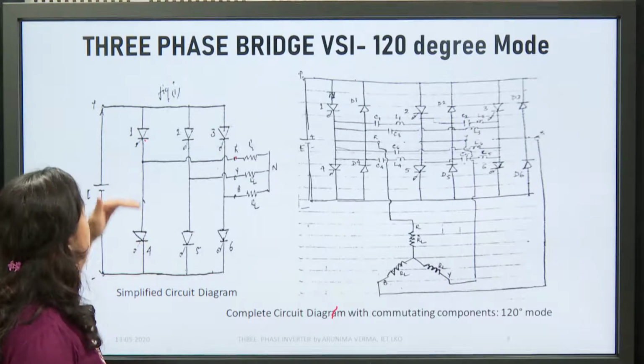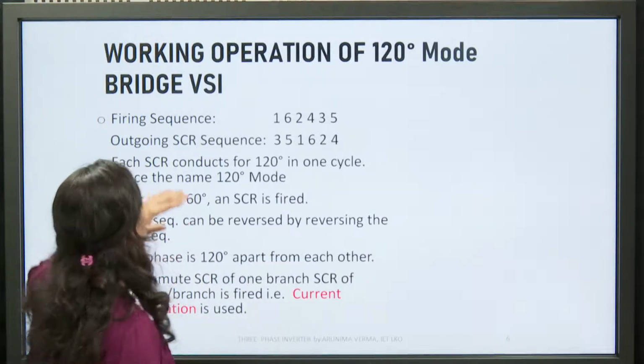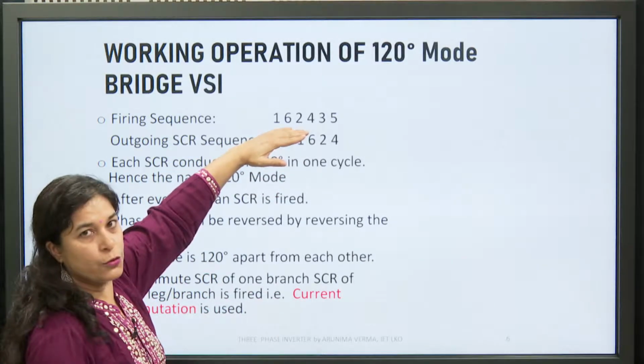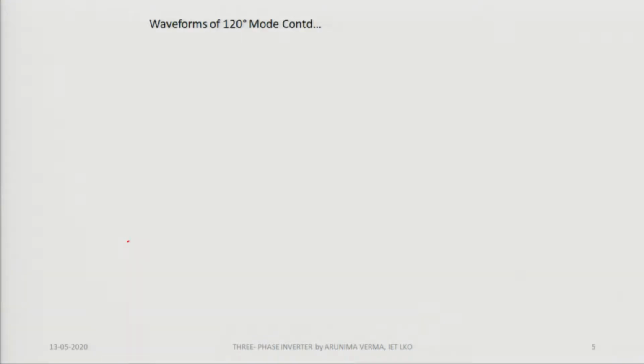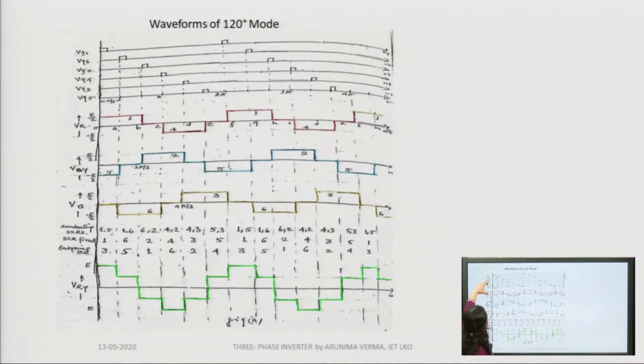Now, the firing sequence, as you can see, is fixed as 1, 6, 2, 4, 3, 5. For the SCRs numbered 1, 2, 3, 4, 5, 6, the firing sequence will be fixed at 1, 6, 2, 4, 3, 5. Is it clear?